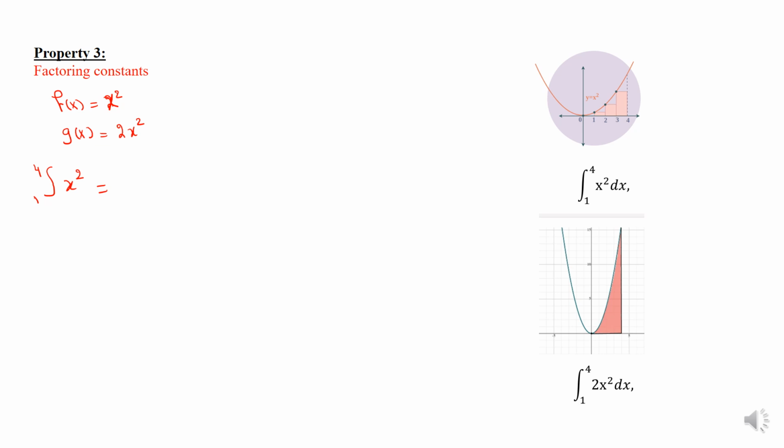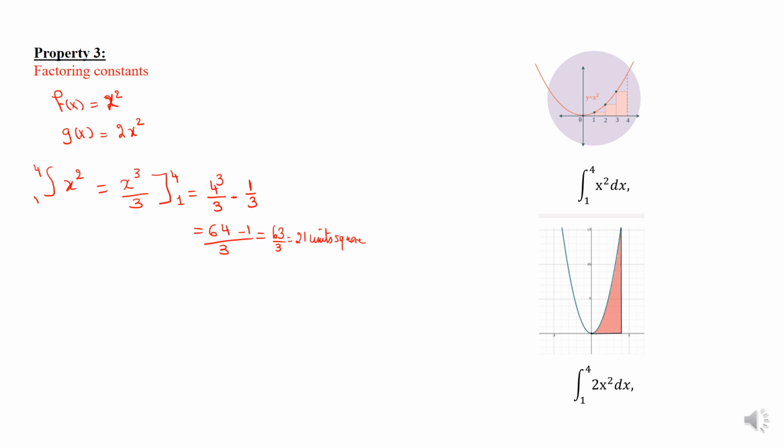The primitive, or the antiderivative, of x squared is x cubed over 3, from 1 to 4. So it is 4 cubed over 3 minus 1 over 3. So 64 over 3 minus 1 over 3 is 63 over 3, which is 21 units squared.